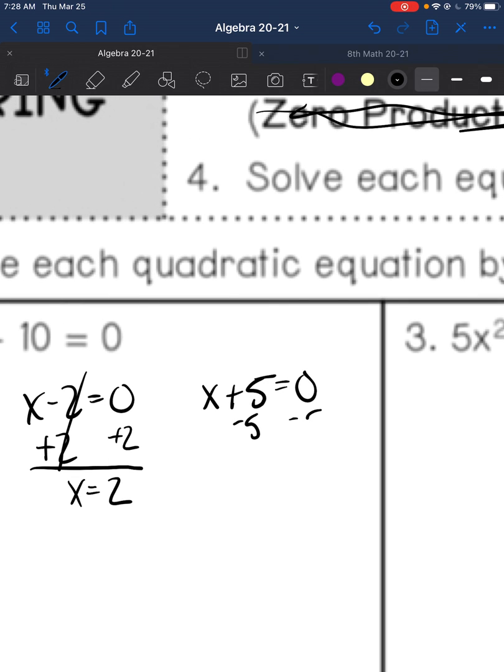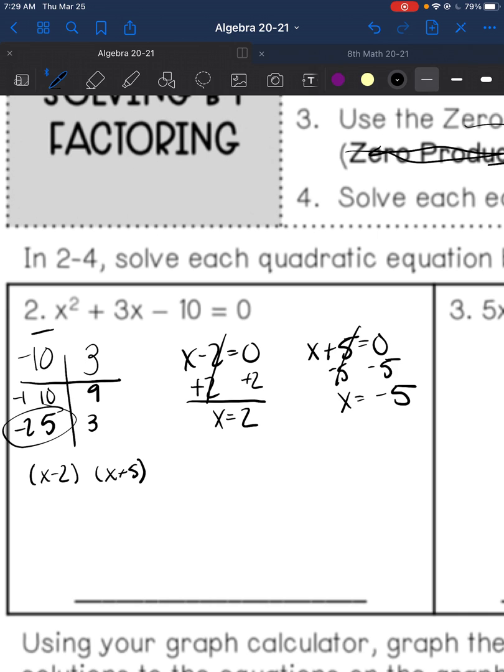I subtract 5 from both sides, doing the opposite so that it cancels, so x equals negative 5. My solutions, my zeros, my x-intercepts are at x equals negative 5 and x equals 2. Those are our solutions to the quadratic equation x squared plus 3x minus 10 equals 0.